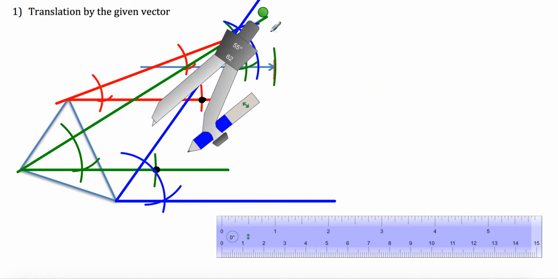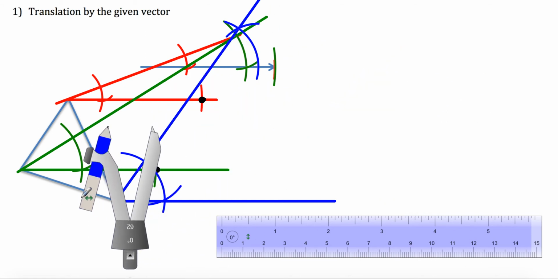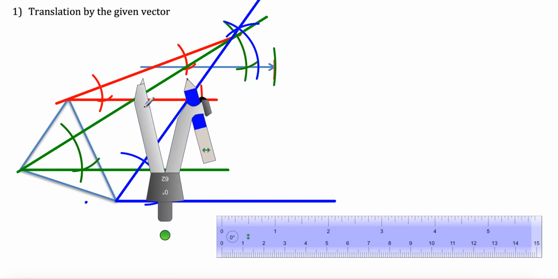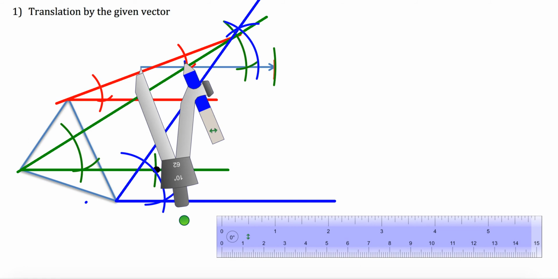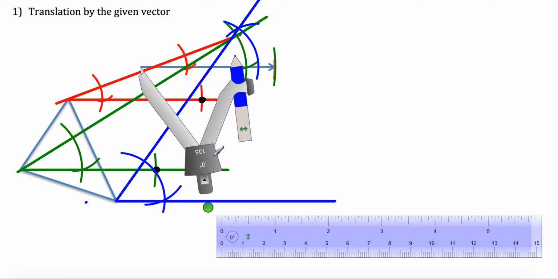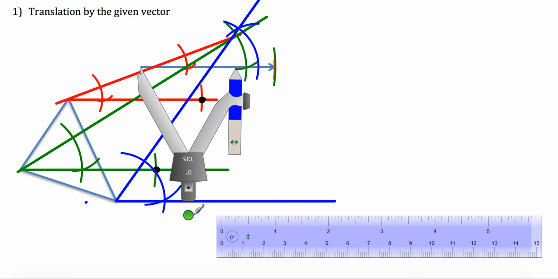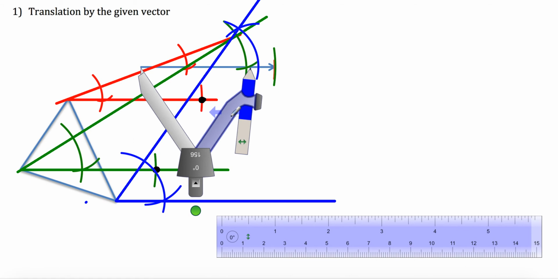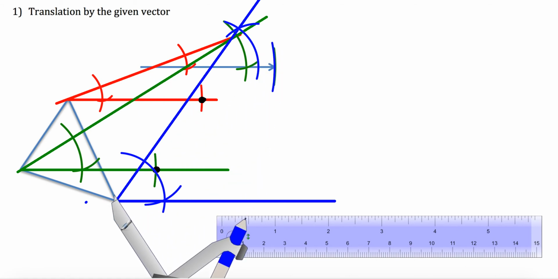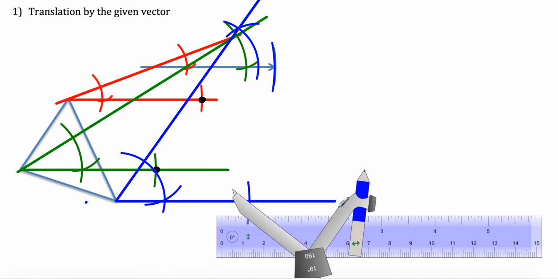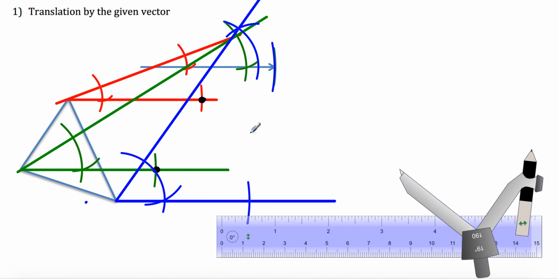And lastly, we have to copy the line segment, or the length of the vector here. Goes this much. So I'm going to go over here. All right, so we realize that that is our third point through the shift.